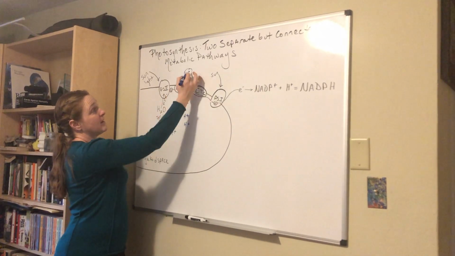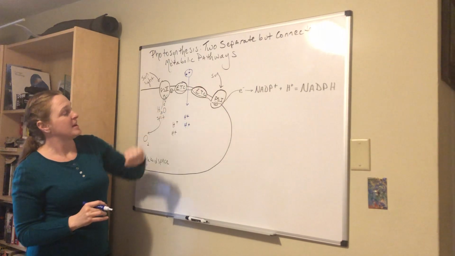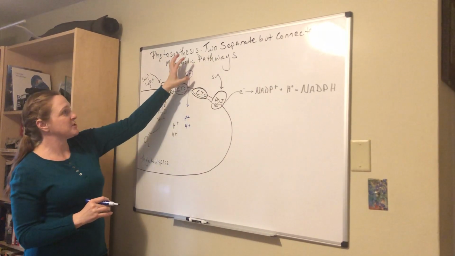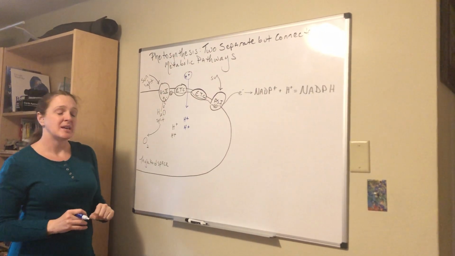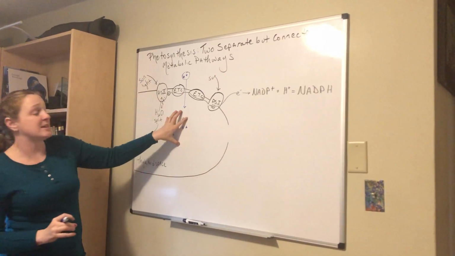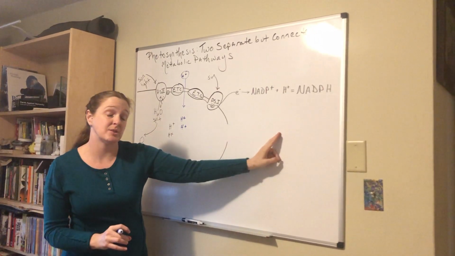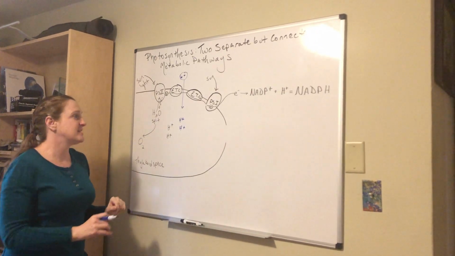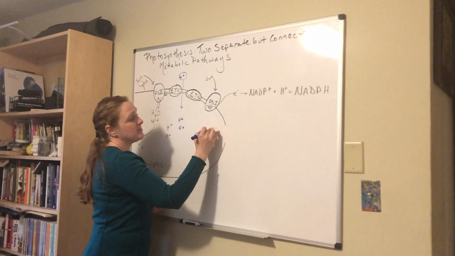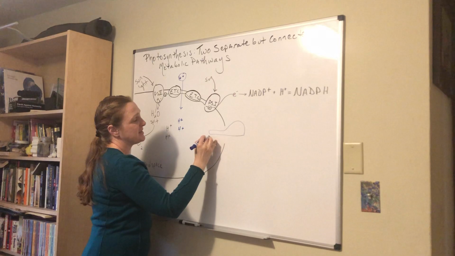Electrons are a little negative, hydrogen are a little positive. So every time an electron goes zip and wiggles through the electron transport chain, hydrogen gets pulled into the thylakoid space. We get a really high concentration of hydrogen ions here in the thylakoid space, low concentration of hydrogen ions in the stroma. Our hydrogen is going to flow through ATP synthase.